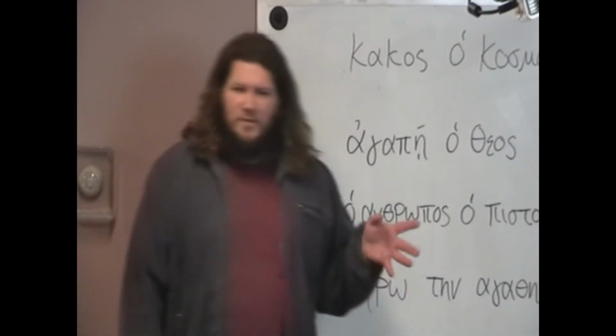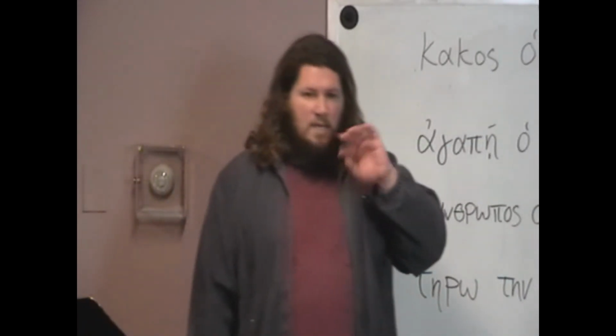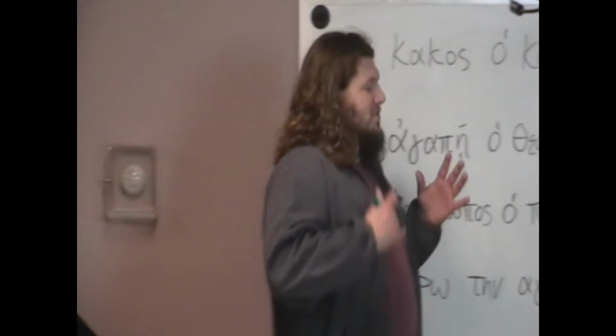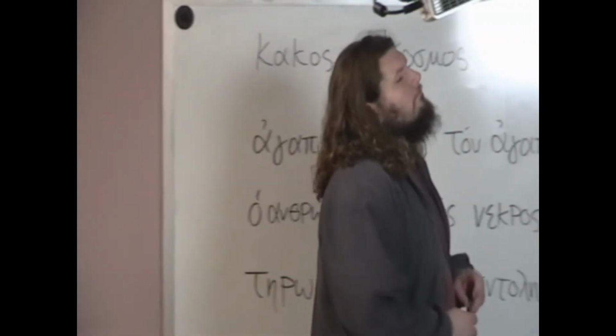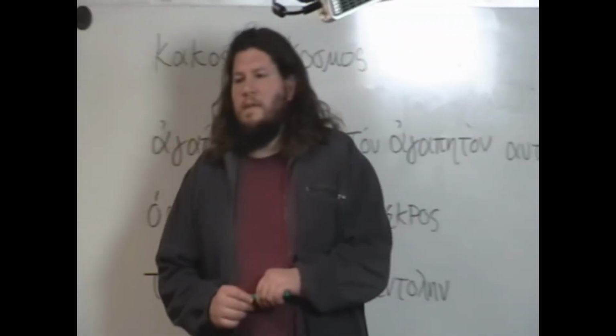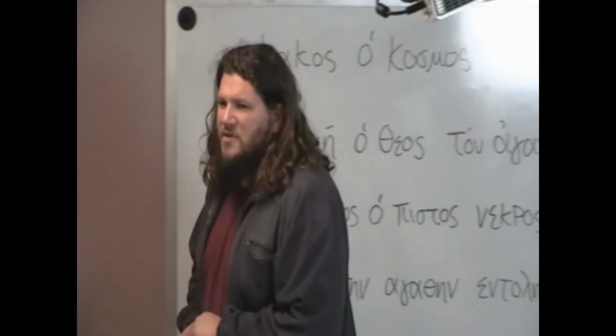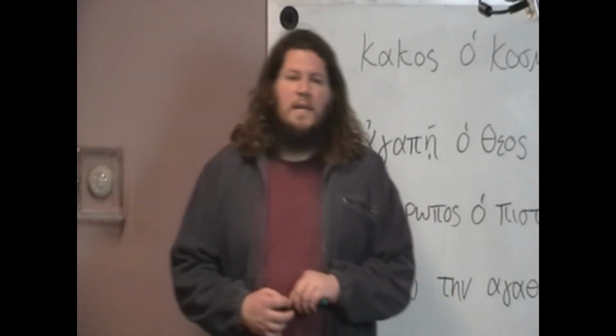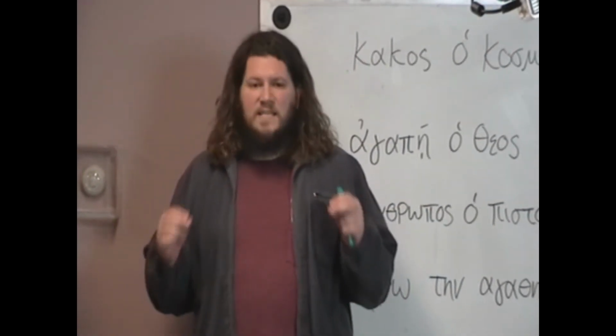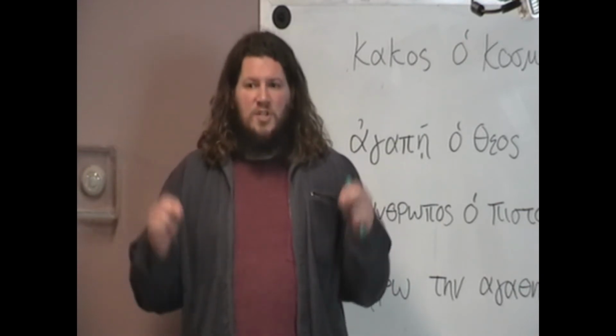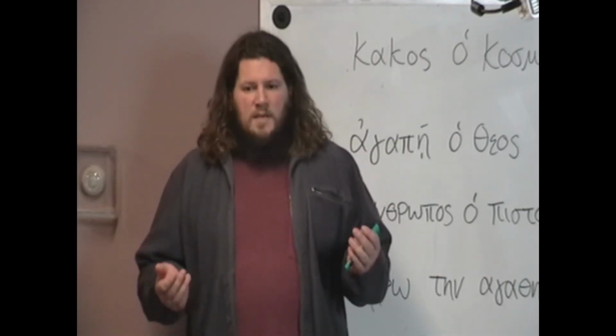Now, the other two are a little more complicated. So, let's say you're looking at the adjective and you see that there is a noun, and you see that that noun is the same case, number, and gender. That means that they go together.